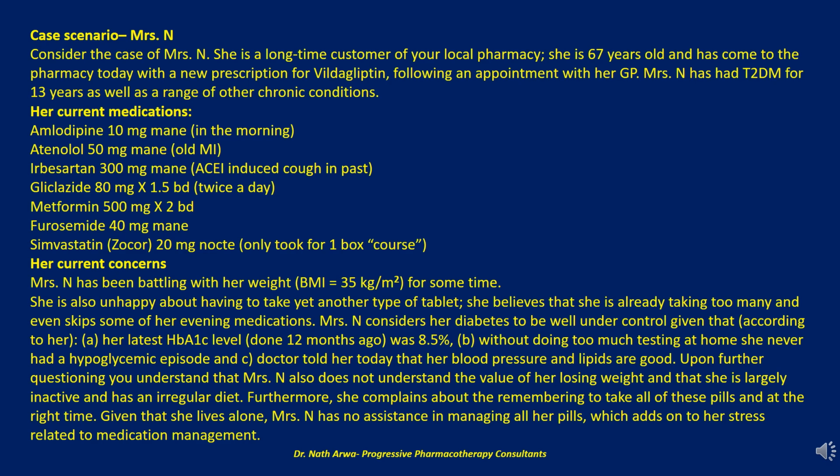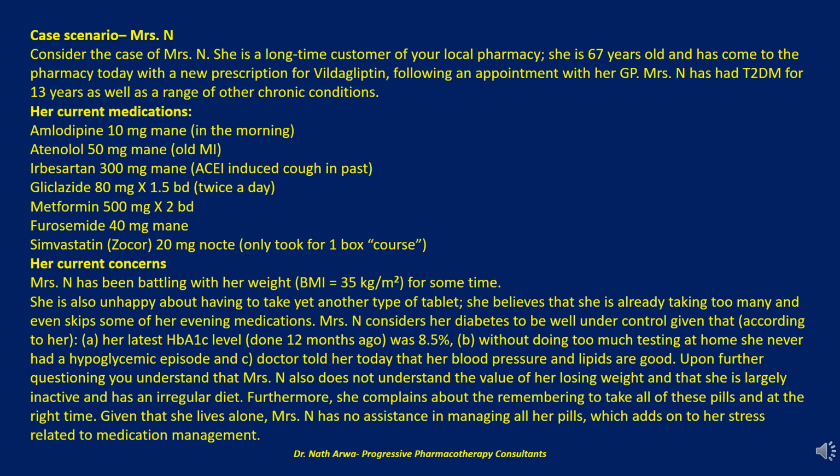Her current medications include the following: amlodipine 10 mg, in the morning. Atenolol 50 mg, to manage an old myocardial infarction. Irbesartan 300 mg in the morning, due to an ACE inhibitor-induced cough in the past.